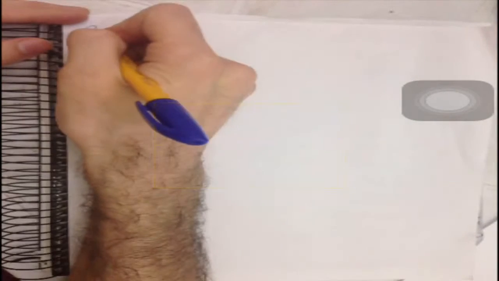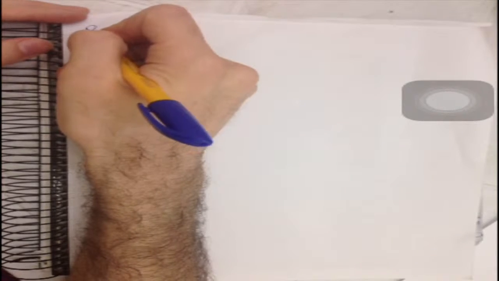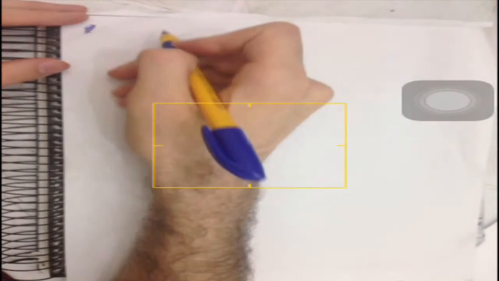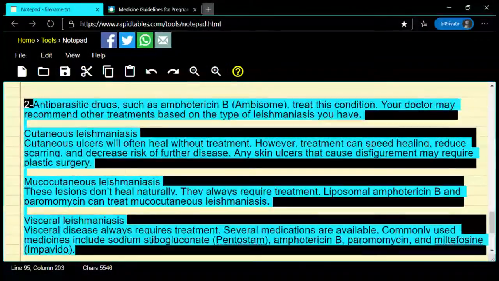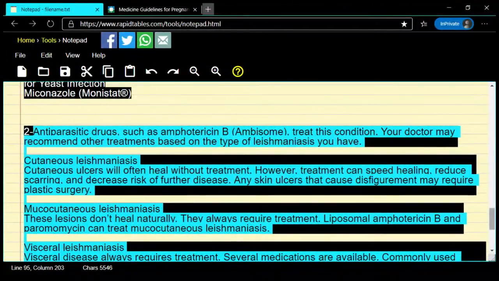Here, number 2, the subject was treatment.